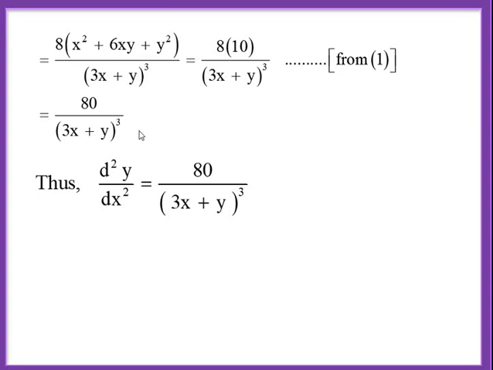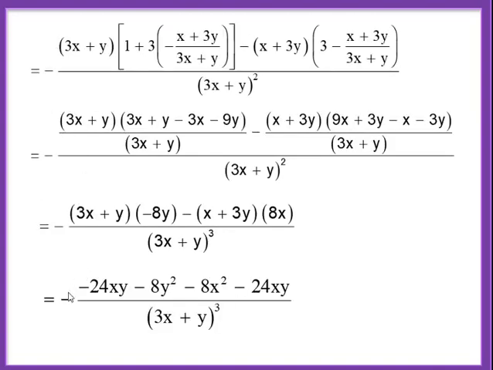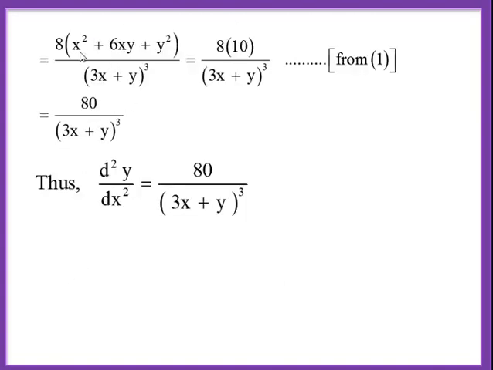Okay, so if minus 8 is taken common, so that minus minus plus, you get x square plus 6xy plus y square. But this is given, x square plus 6xy plus y square equal to 10. So replace this by 10 to get 80 upon cube of 3x plus y. Is that clear?